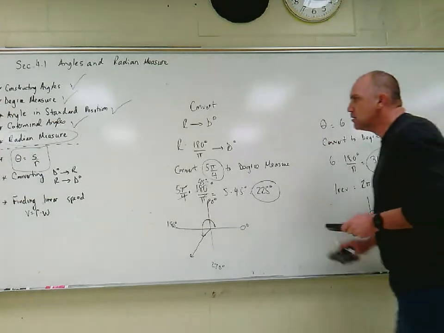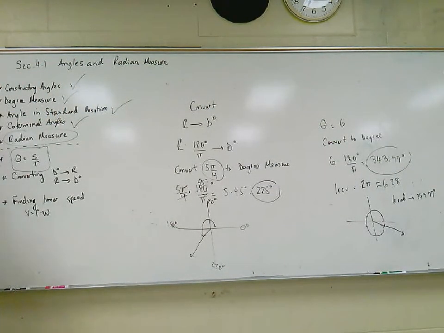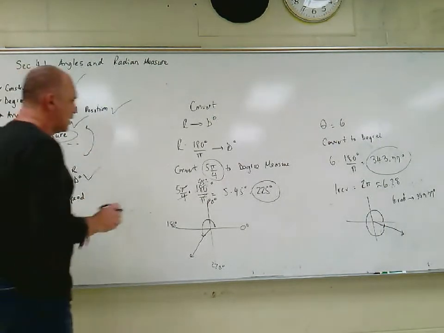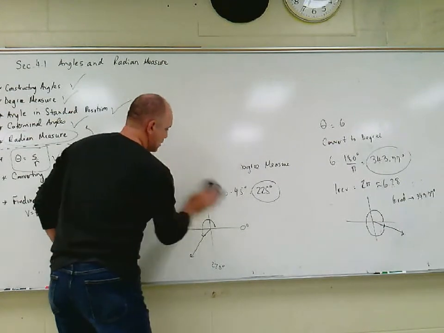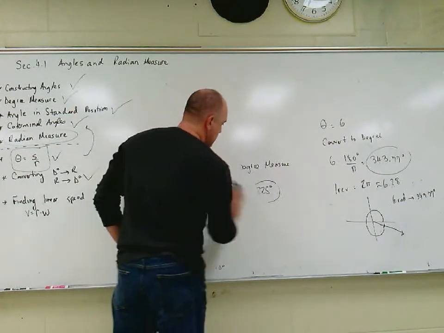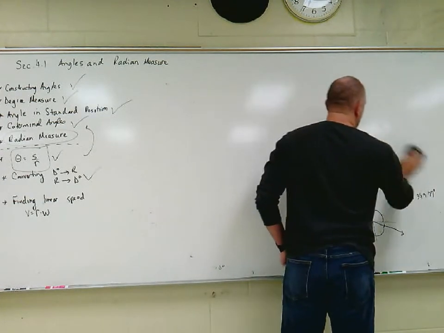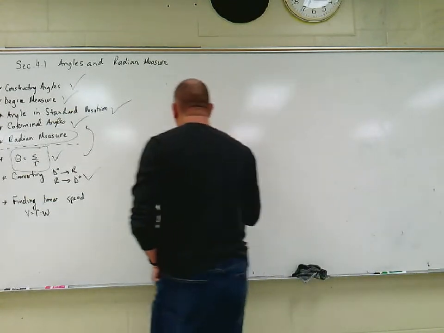Okay, now to go back to coterminal real quick, we did this earlier. Let's just say I give you an angle in radians, and we want to know what the coterminal angles are.